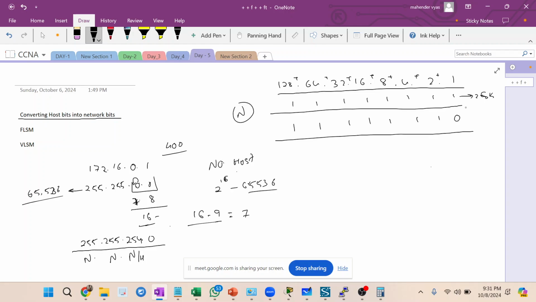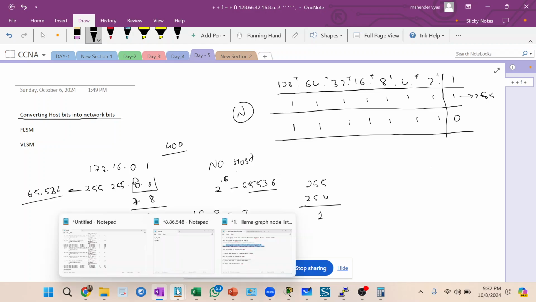Till here it is a network address, but after this it is a host address, right? And the fourth is a host. So we have here 8. 255 minus 254, we have here 1 host bit. So total host bits we have now is 9, right? That is our requirement.